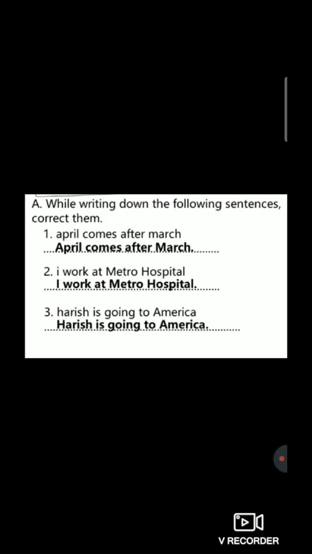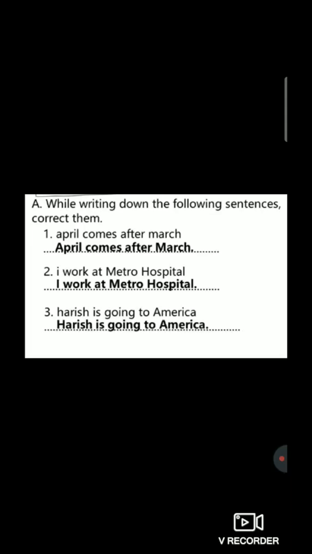So let's see. Here the very first sentence is April comes after March. So students, if you see the alphabet A in the question, it is written in a small letter. So while writing the answer, we have to write it in a capital letter. So here, April comes after March.